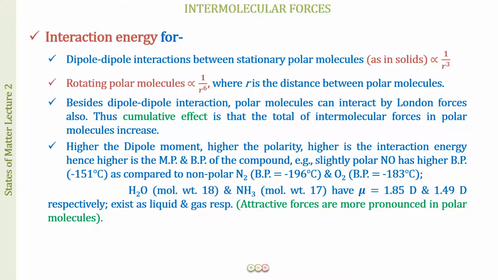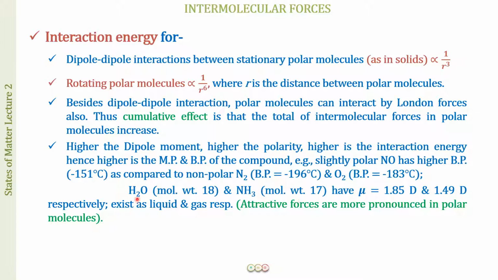Similarly, if you see the water molecule and the ammonia molecule. Water has molecular weight 18. Ammonia has molecular weight 17. One thing to remember here is that the boiling points and melting points increase with an increase in the molecular mass. The more the molecular mass, the higher the boiling point.